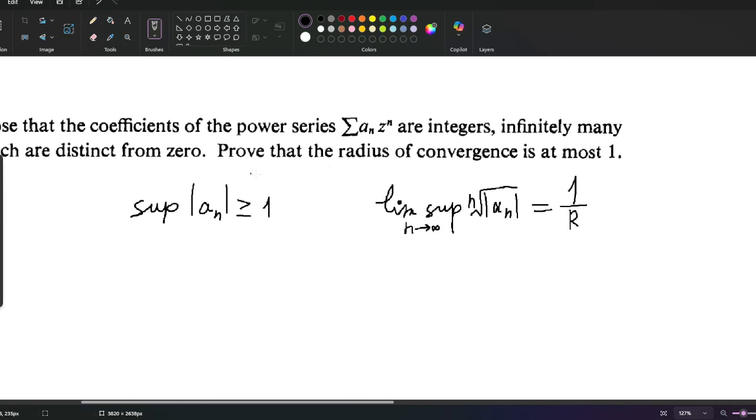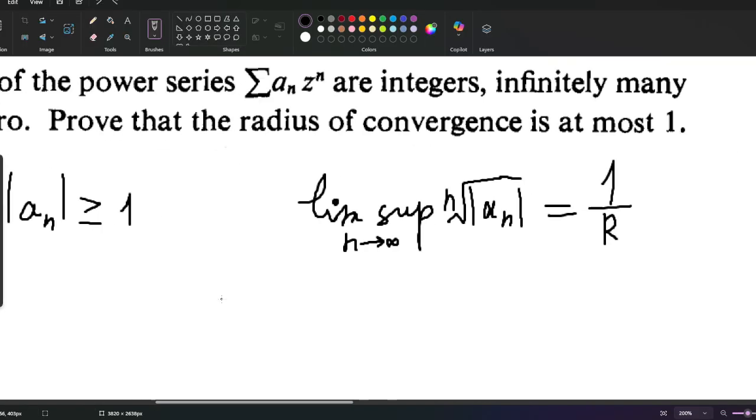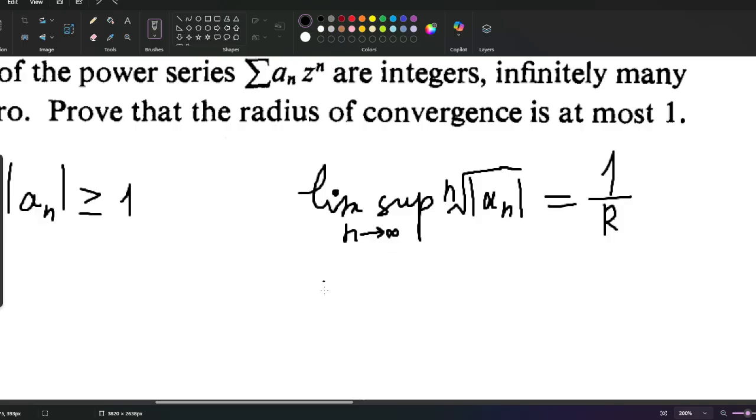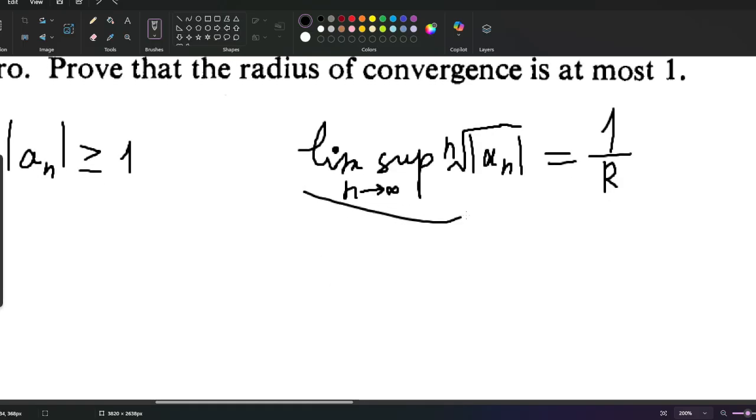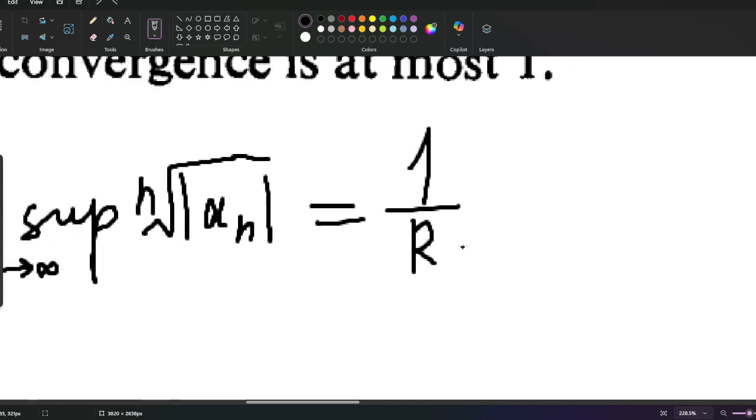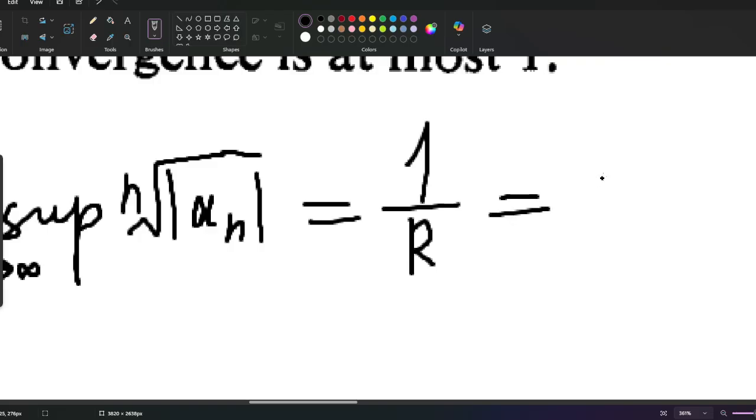Now for the radius to be at most 1, this has to be greater than or equal to 1. So we have to show that this is greater than or equal to 1. Let's call this value alpha.